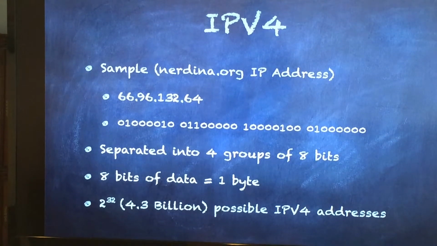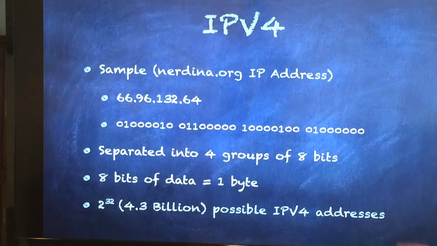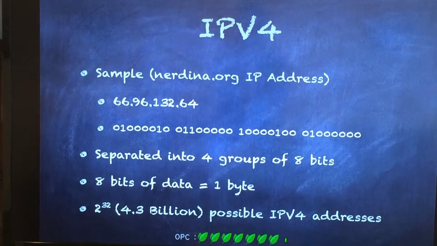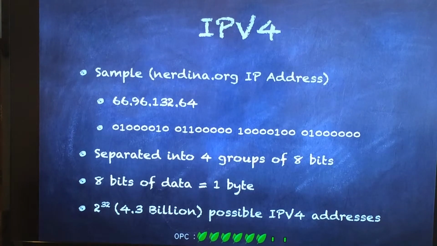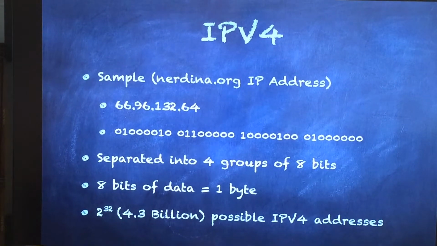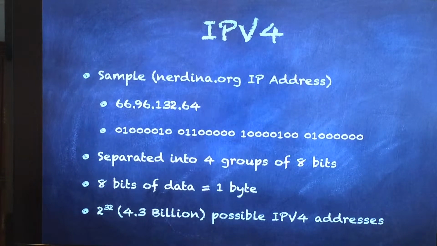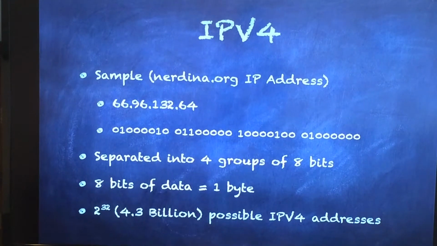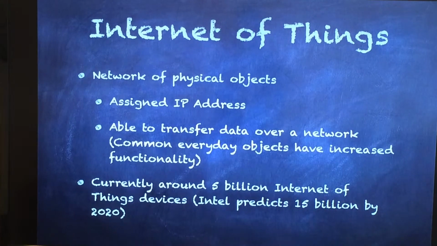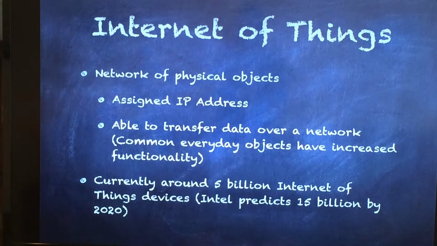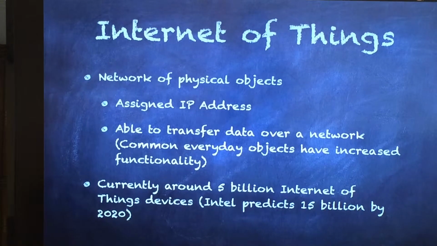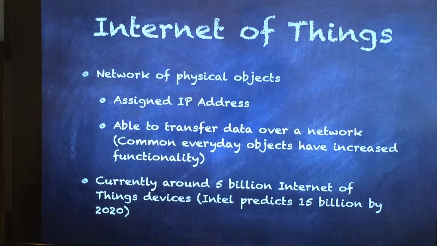Now, following the same pattern, in each and every one of these places, there could be either a 0 or a 1. So in all, there are 2 to the 32, or 4.3 billion possible IPv4 addresses. However, there's one reason that IPv4 is no longer the ideal standard.